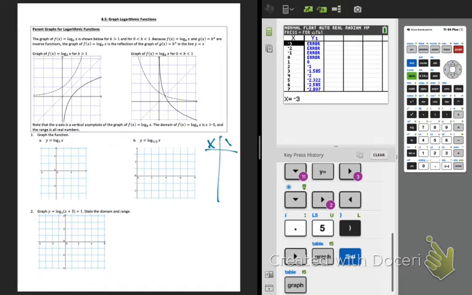So we'll make our XY table. It looks like 1, 2, 3, 4. So we have 1, 0, 2, negative 1, 3, negative 1.585, and 4, negative 2. So some nicer numbers here.